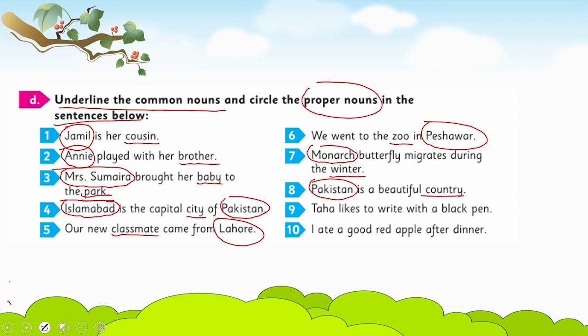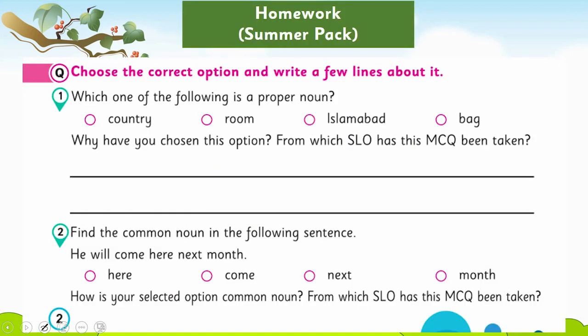So Taha is yes, a proper noun, and pen is a common noun. I ate a good red apple after dinner. Here, apple is what? A common noun. This is very easy.